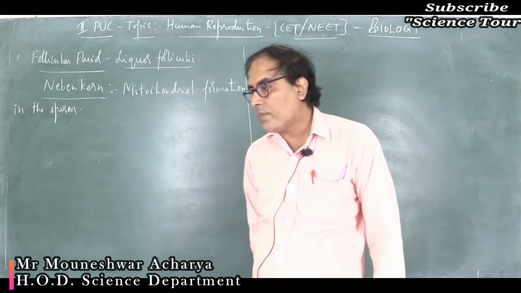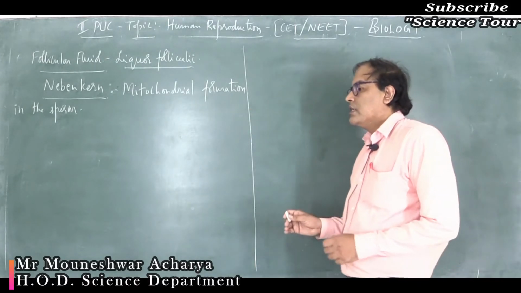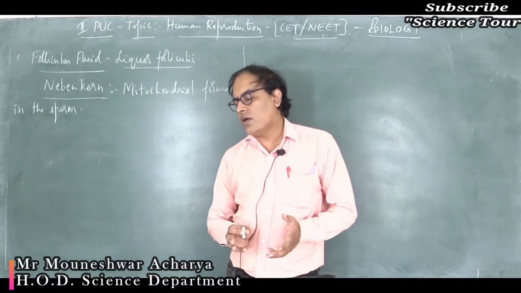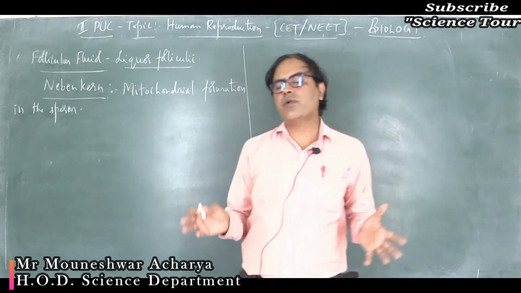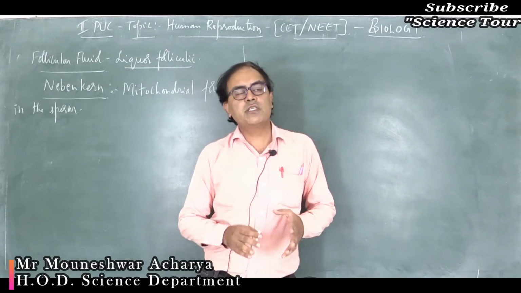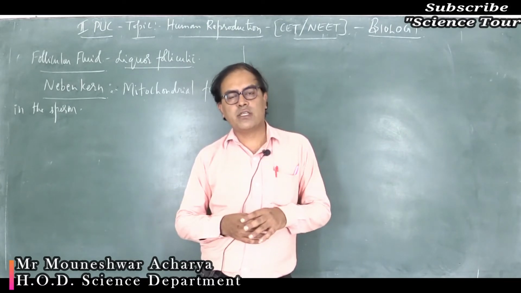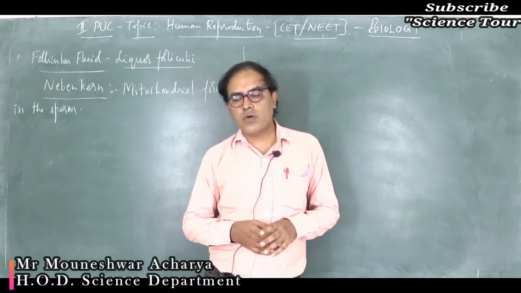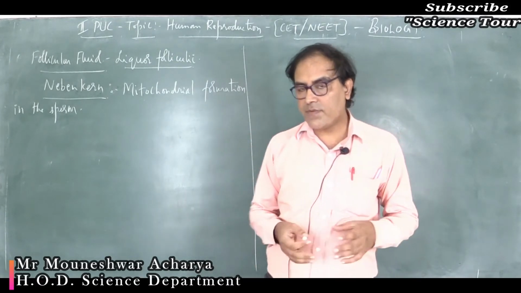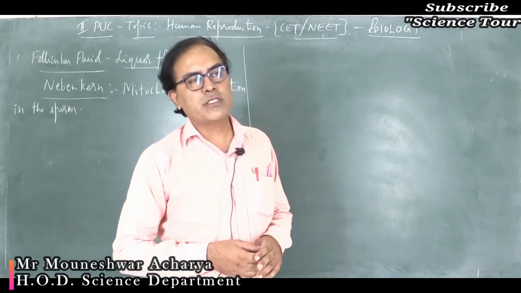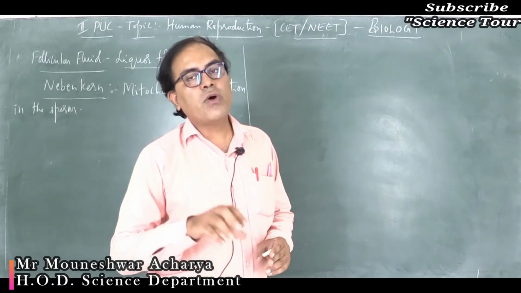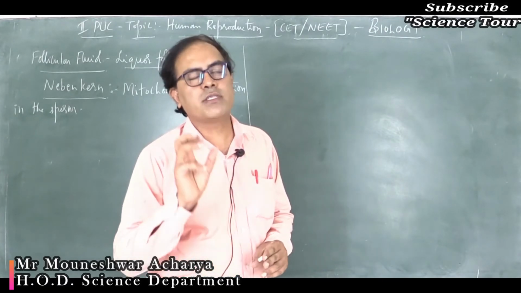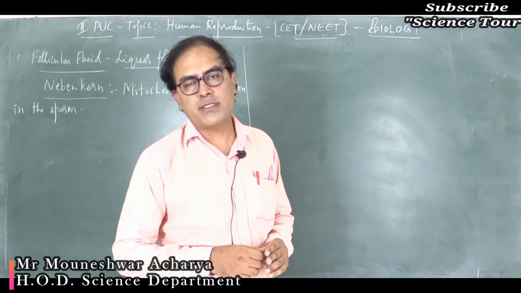So you know what primary follicles are? The oogonia or egg mother cells, millions are produced, which undergo mitosis. They form the primary oocyte, and it is surrounded by a layer of granulosa cells and it forms the primary follicle.